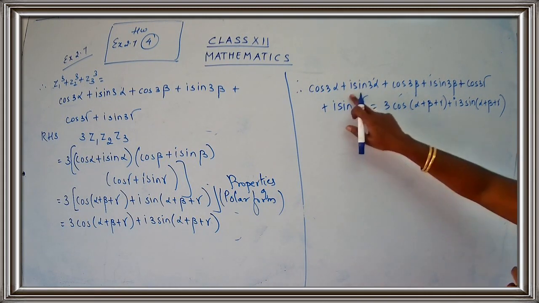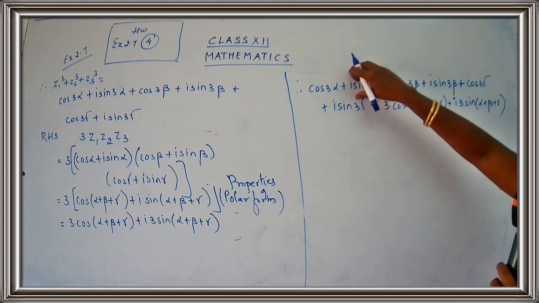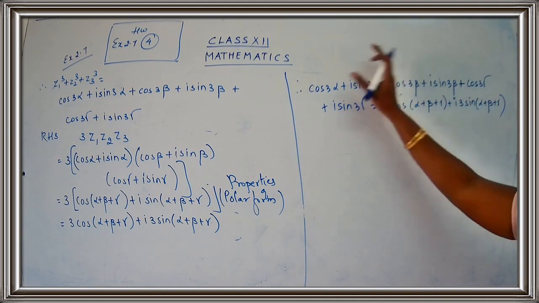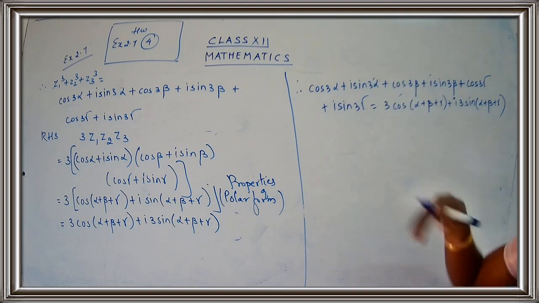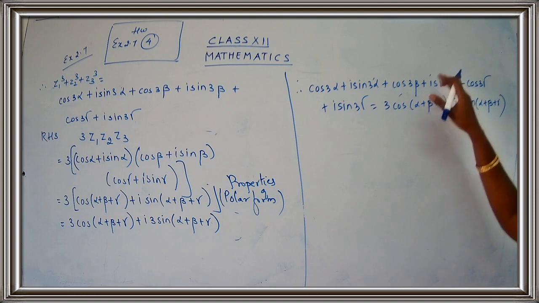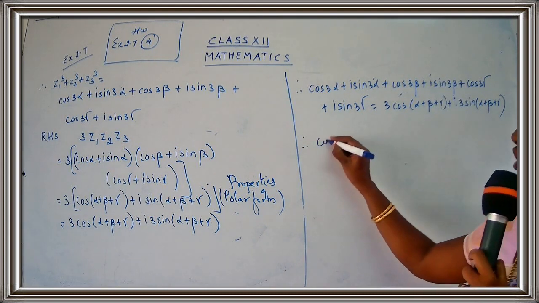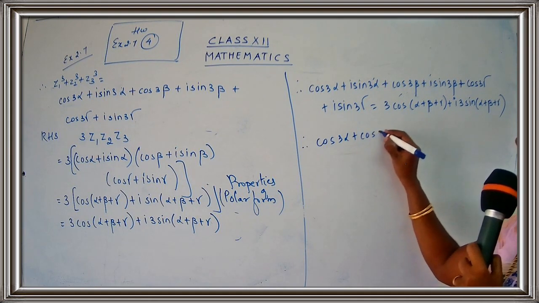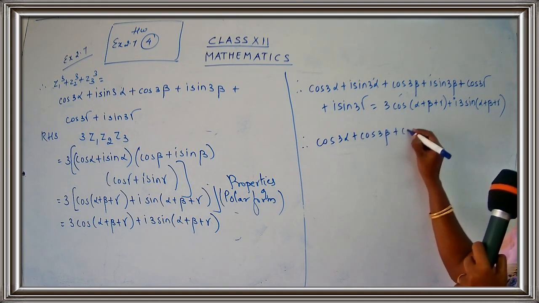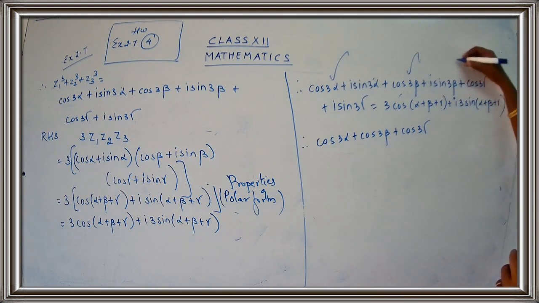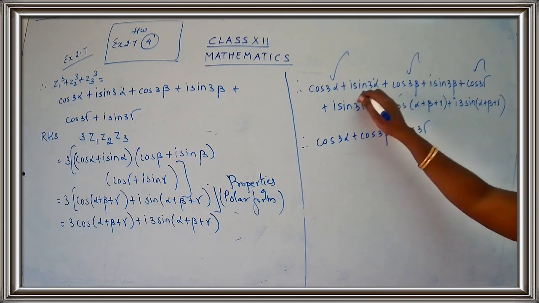Okay, children? So what I have done here, I have written the LHS and the RHS together. Now I am going to write the real part together. That means I am going to write the terms without i, and the terms with i together for the LHS part. So I get here cos 3 alpha plus cos 3 beta plus cos 3 gamma. I am just writing the terms without i, and now I am going to take the terms with i.